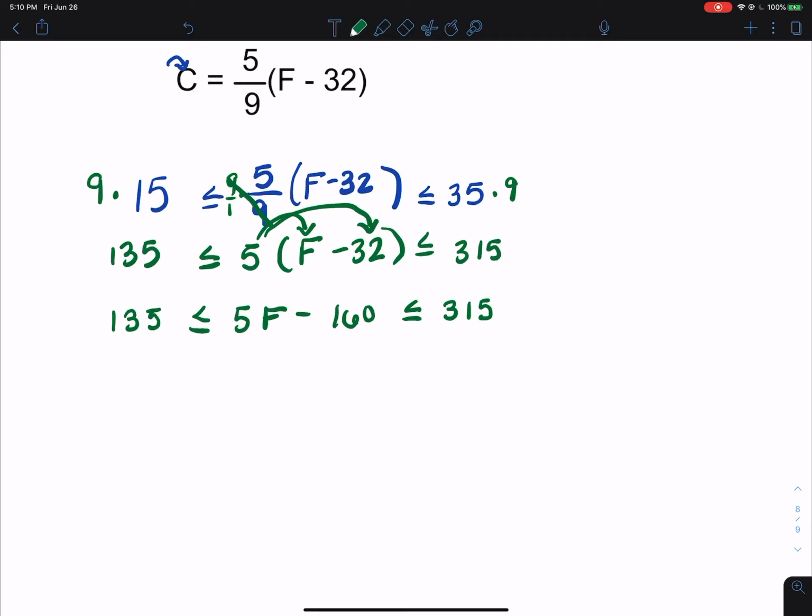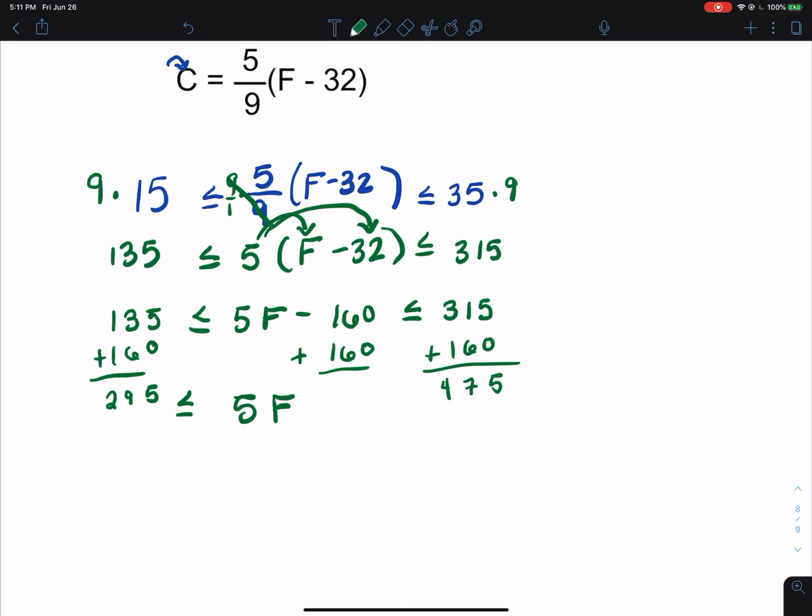Now I'm going to get that F by itself. So I'm going to add 160 to all three pieces. That's going to give me 295 and 475, and I'll have that 5F left over in the middle.